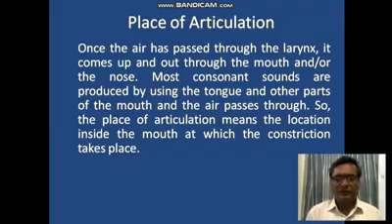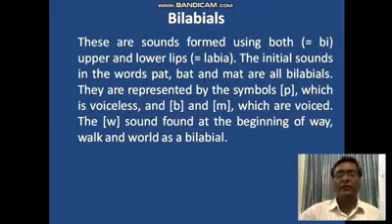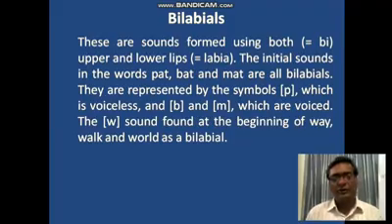Now, when we discuss place of articulation of consonant sounds, we will try to identify the areas within our mouth where the sound originates. Now, bilabials. These are sounds that originate in a particular place. Where do they originate? Let's see. These sounds are formed using both upper and lower lips.